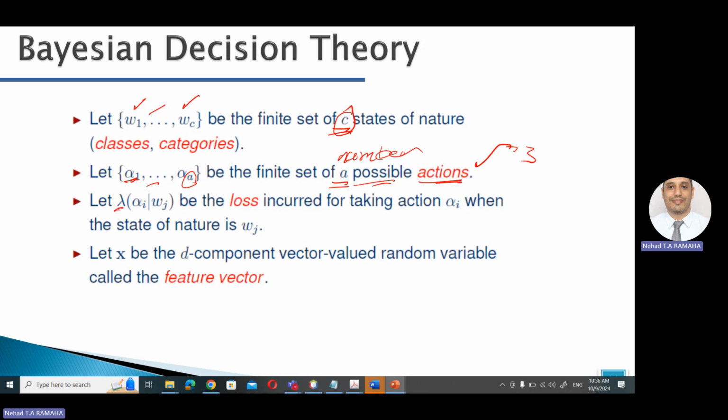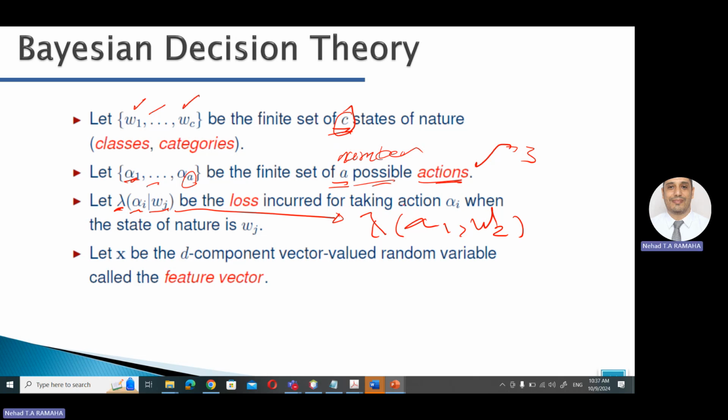Lambda here is the error, yes, the loss, when we select a specific class. So lambda of alpha i, wj, for example lambda of alpha 1, w2. What does this mean?